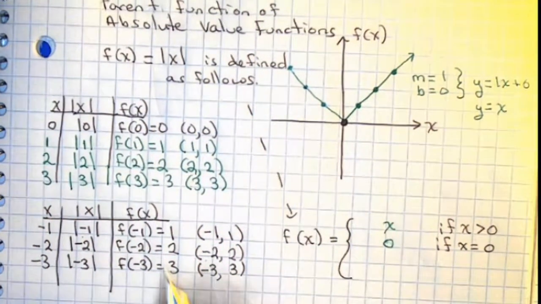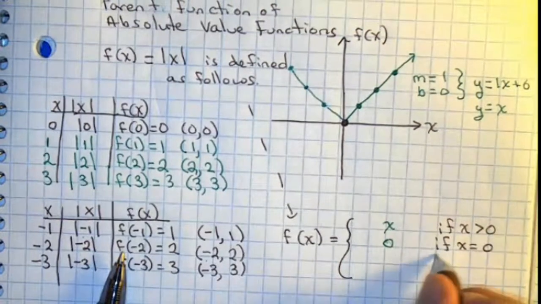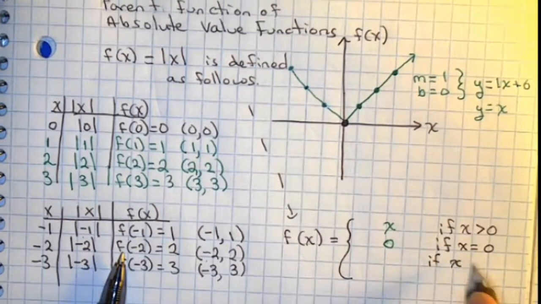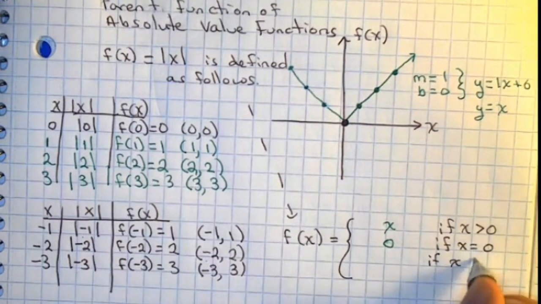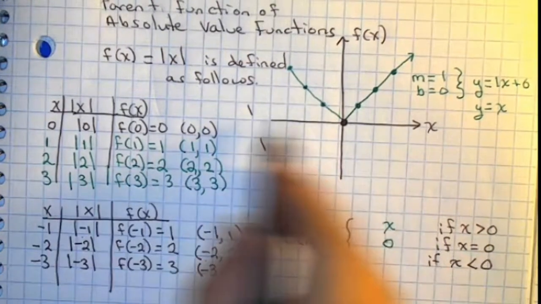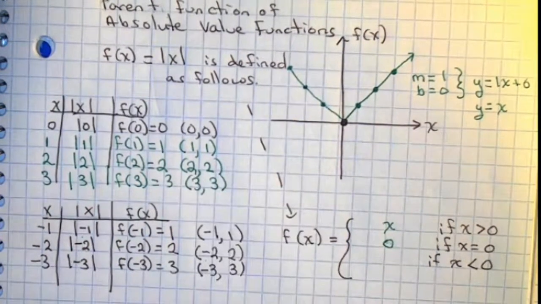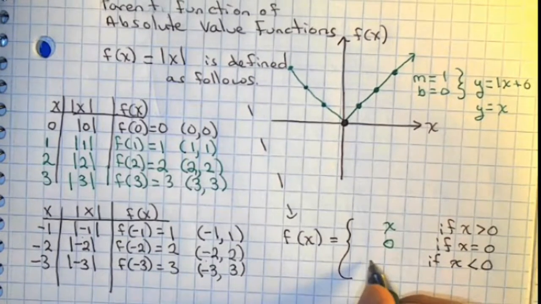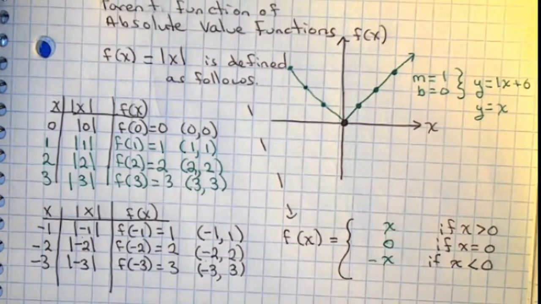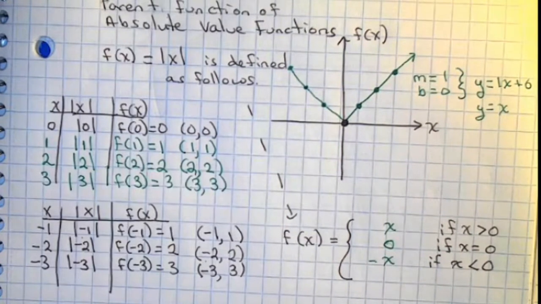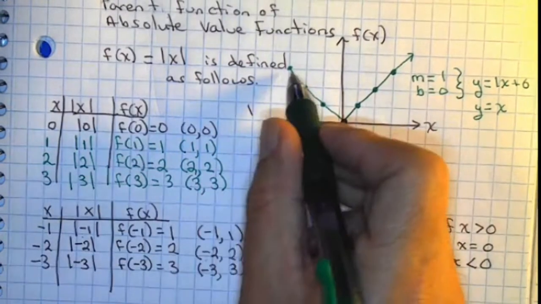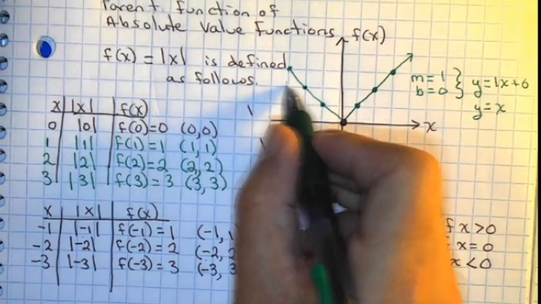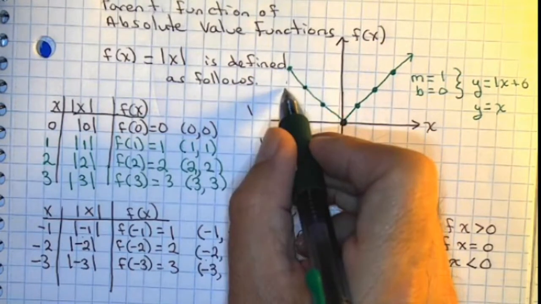If x is less than 0, or negative numbers, then the f of x is equal to -x. Why is that the case? Because our slope, our rise over our run, is -1 over 1.